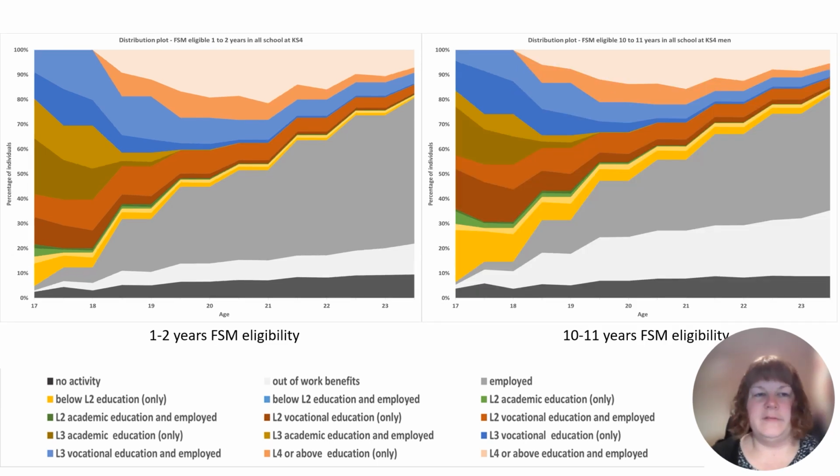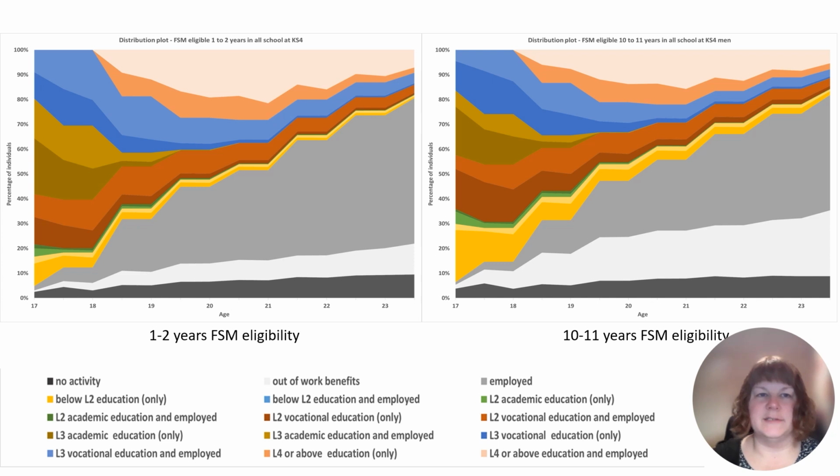What we can see on this figure is exactly the same type of diagram, but here focusing on those who are eligible for just 1 or 2 years of free school meals during their education careers, and then, on the right-hand side, for almost the entirety of their education careers.